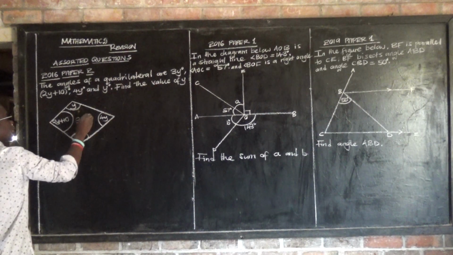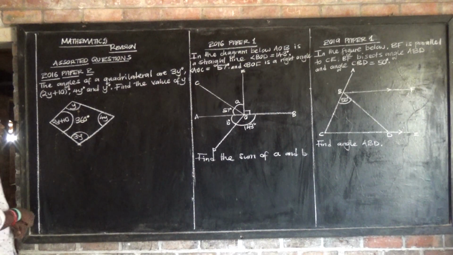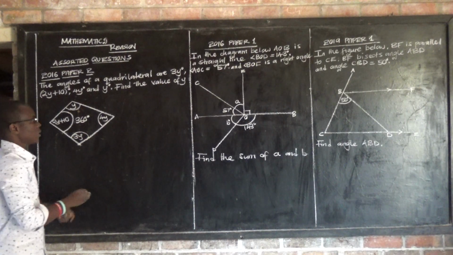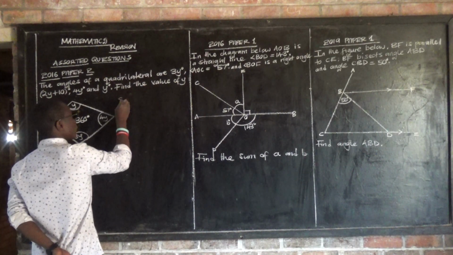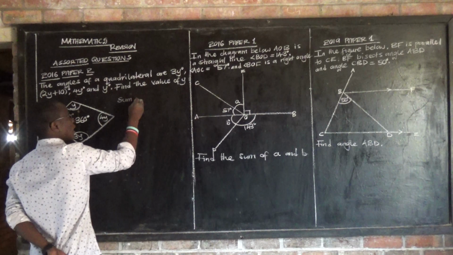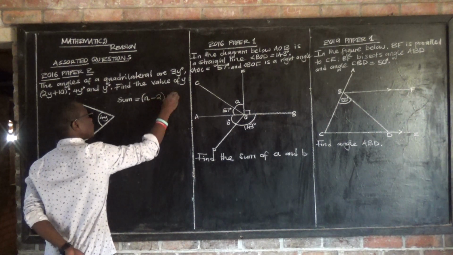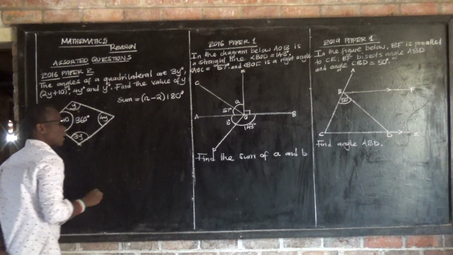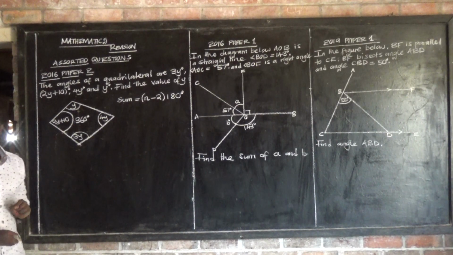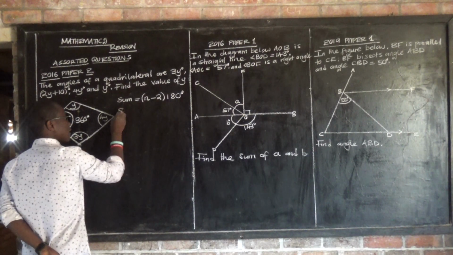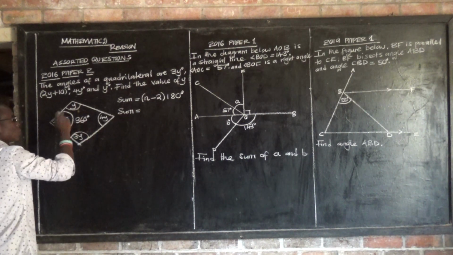360. Where do we get the 360 from? Let me take you back to the polygon line. The sum of interior angles is equal to the number of sides minus 2, multiplied by 180 degrees, where n represents the number of sides. How many sides does this polygon have? 1, 2, 3, 4.